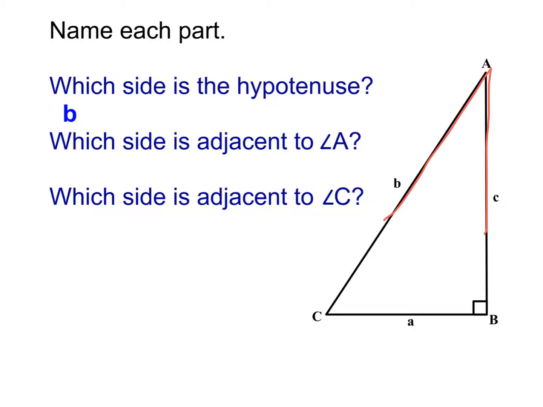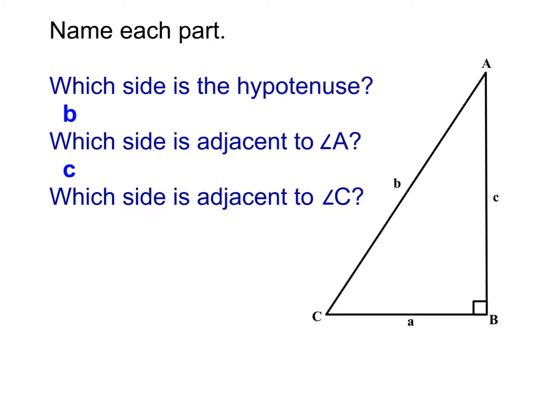It's got to be C. Because, what was B again? Hypotenuse. B was the hypotenuse. So we already know that B is the hypotenuse, so B can't be the adjacent as well. It's got to be one or the other. So then C is the adjacent for angle A. Now, once you wrap your head around this part, these things get a lot easier. That last question, which side is adjacent to angle C?